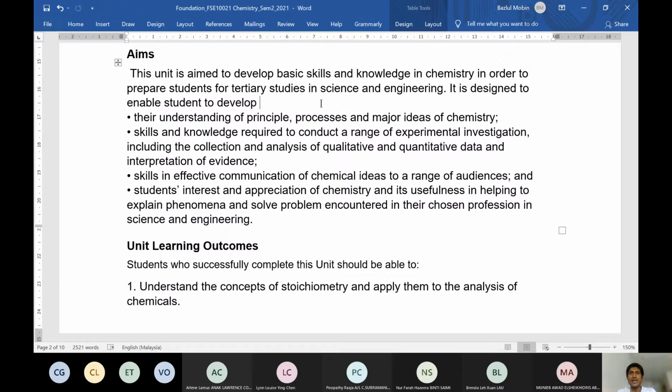If you have knowledge about riding a bicycle, you cannot use it for parachuting, jumping out of a plane. With that knowledge you can ride a motorbike, but you cannot fly an airplane. So different knowledge, different application. That is what I'm saying: chemistry is a knowledge, and it is very much related to our everyday life.